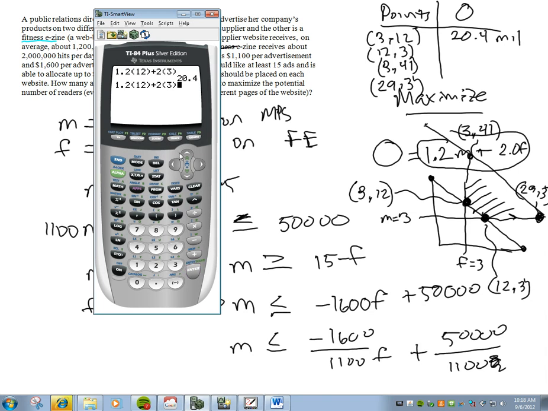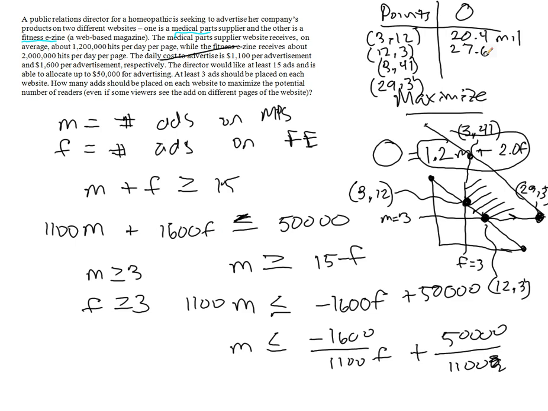Alternatively, if we switch those two values for our second corner point, 12 and 3, that gives us 27.6, so that's slightly higher.